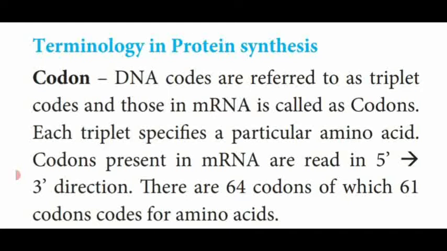So what is codon? The nitrogenous bases such as adenine, guanine, thymine and cytosine are arranged in a triplet form, that is arranged in threes, according to their complementary pair, known as codon.